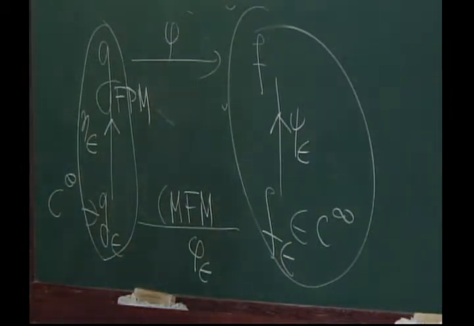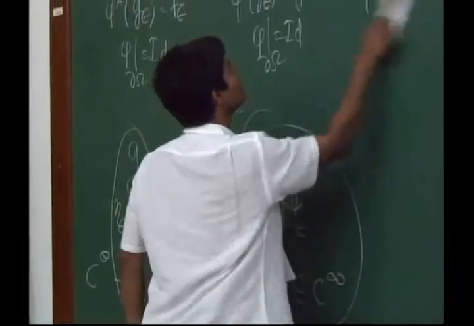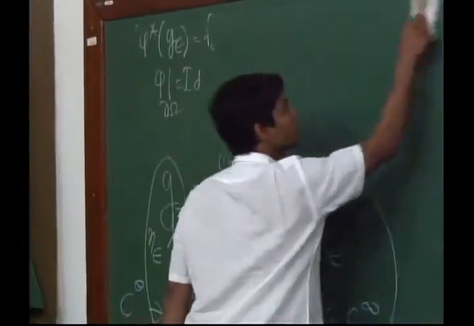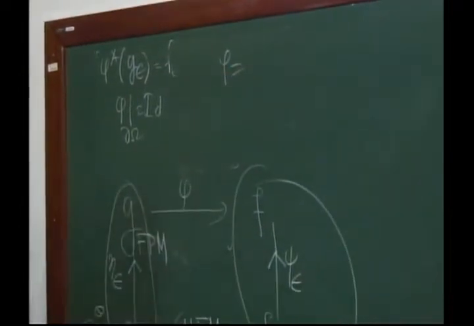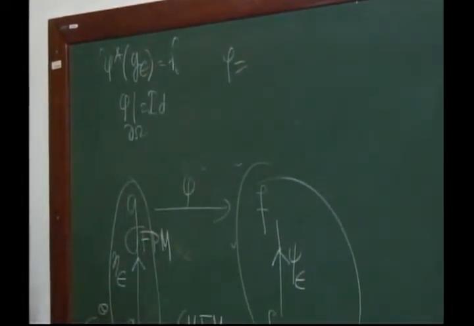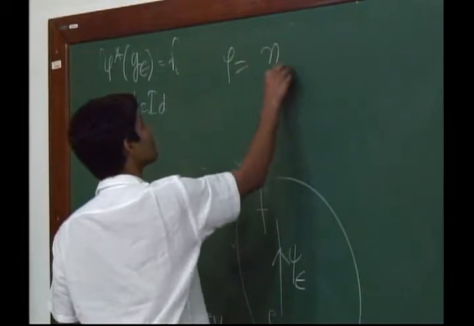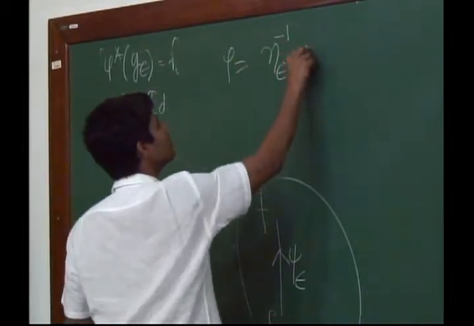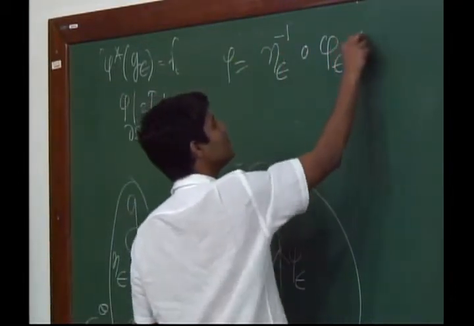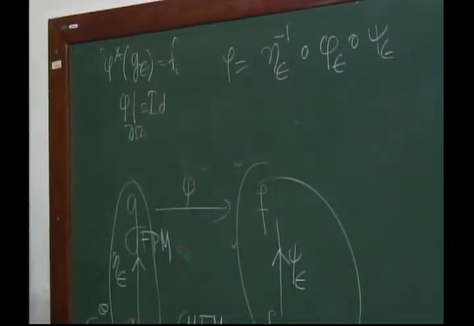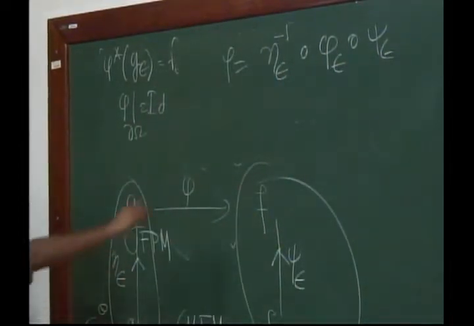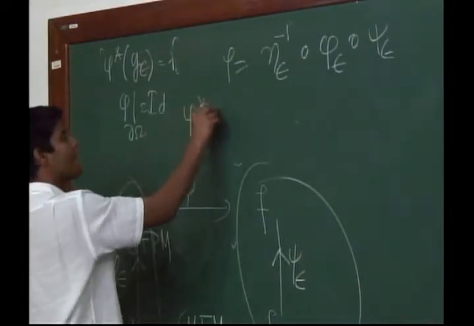Why? This is because of the structure of the pullback equation. Now let us define this composition this way. So what is phi star G?